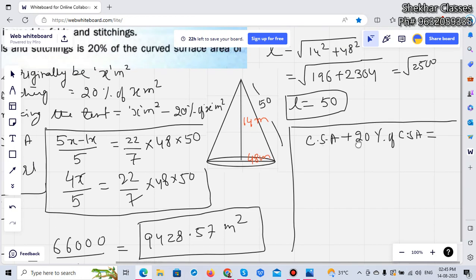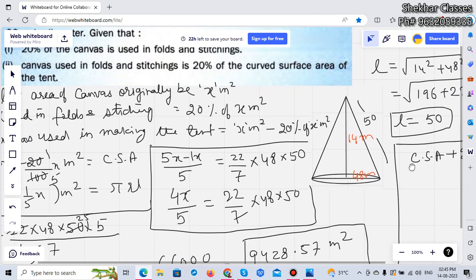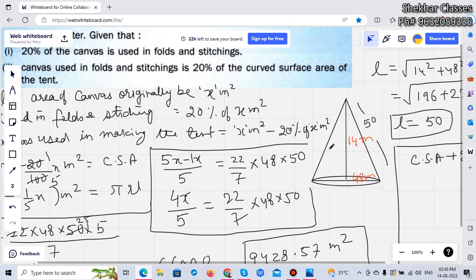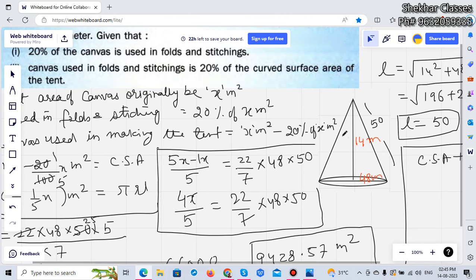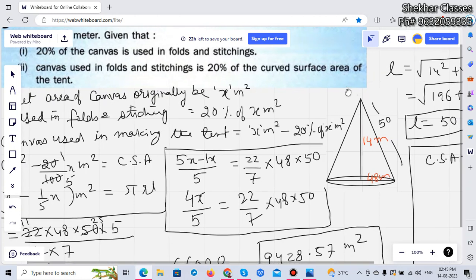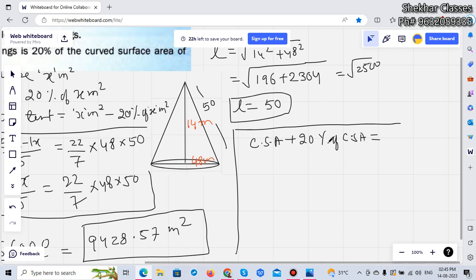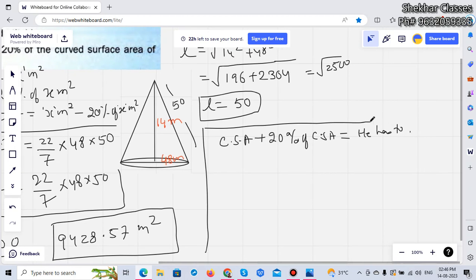That is what he has to buy, because he says the canvas that will be used in making it is the curved surface area, and the stitching part will be 20% of the curved surface area of that. So stitching is this much, so curved surface area and plus 20% of that will go into stitching part, and that is what he has to buy, or we can say arrange for that.